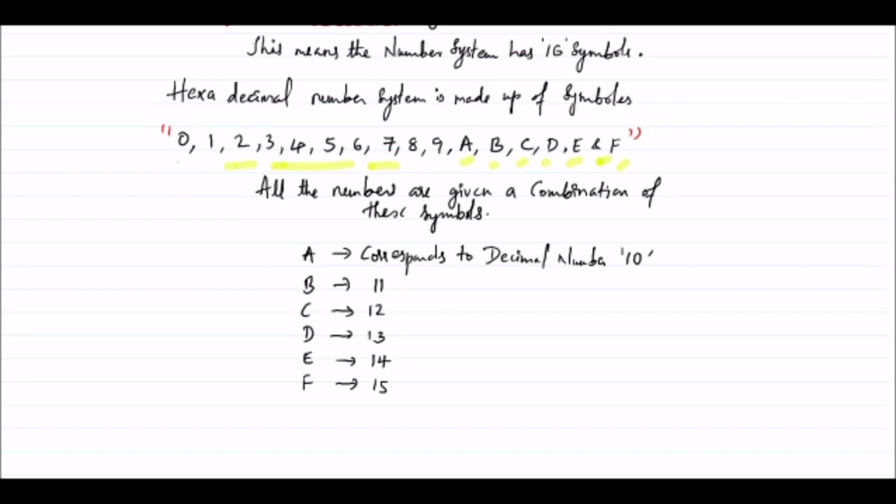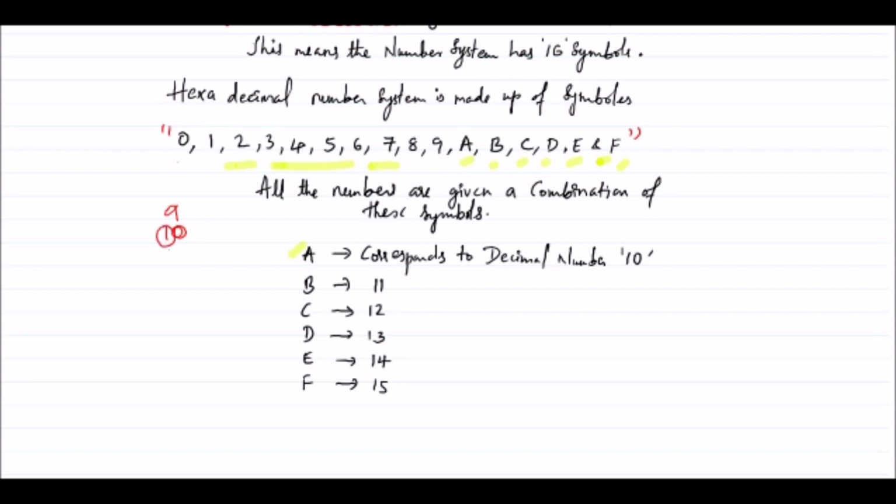So A corresponds to the decimal number 10. Generally in decimal, after 9 we write 1 and 0, so 0 to 9 completes ten numbers. After 9 we have 0 in the units place and 1 in the tens place.